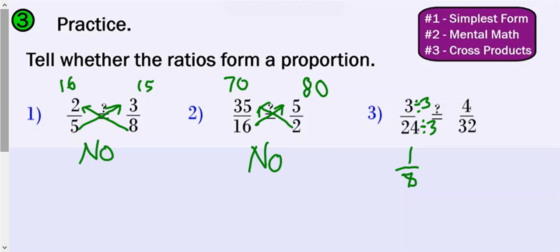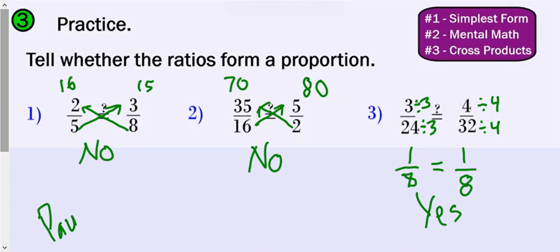And now divide the next fraction by 4. Divide by 4. Divide by 4. And we get 1 over 8. Now we have these fractions in simplest form, and we can see that yes, these two ratios are equal, so they do form a proportion. All right, you can pause here. Make sure you have these examples written down before you continue.